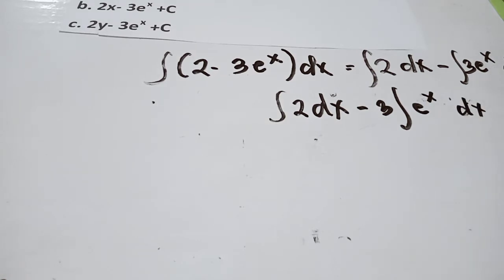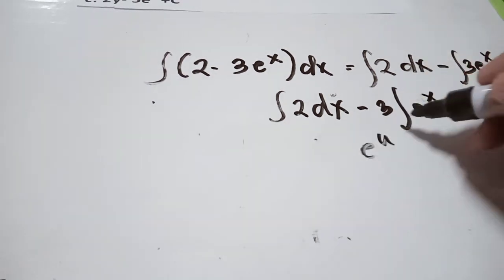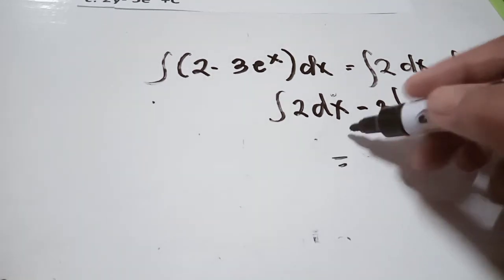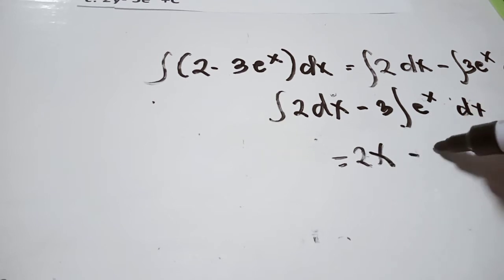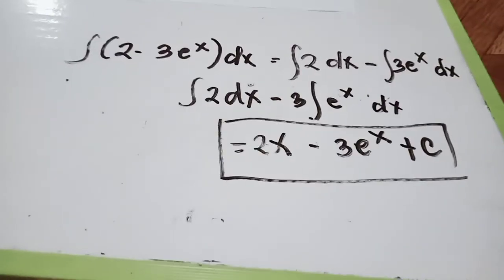We integrate 2 dx minus 3 times the integral of e to the x dx. Take note, our formula is e^u plus C. So if we integrate this, it becomes 2x minus 3e^x plus C. This will be our final answer.